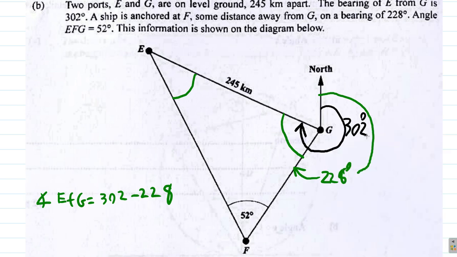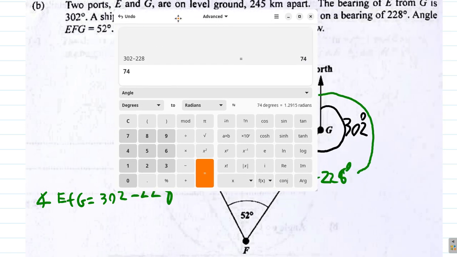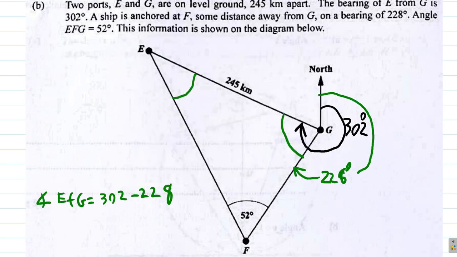So you have your 302 minus 228, giving you 74 degrees. So this angle here now is 74 degrees.